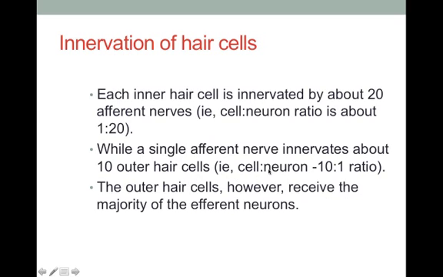So if you were to calculate the cell to neuron ratio for outer hair cells, we have 10 to 1. But again, the outer hair cells receive the majority of the motor or efferent innervation. Again, that plays an important role in the physiology, or the fine tuning, of the traveling wave.